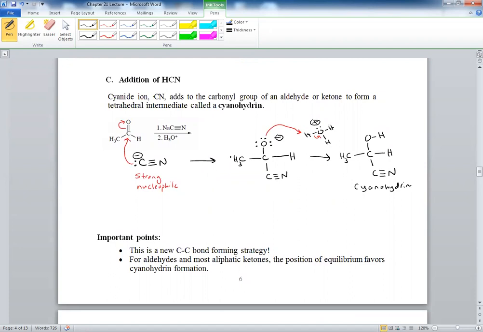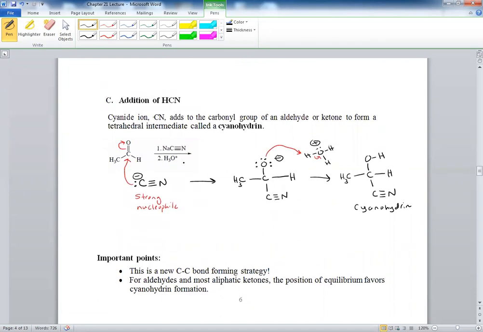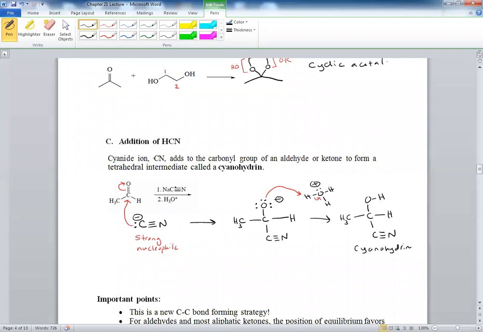Now, before we get to the important points, if this is ever written as HCN, you should be able to understand that that's the same thing as these reagents. If I have NaCN, that means I have Na plus and CN minus.